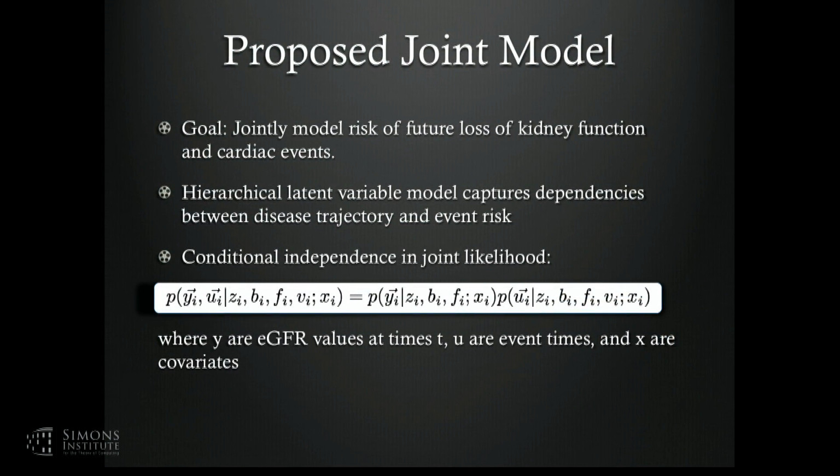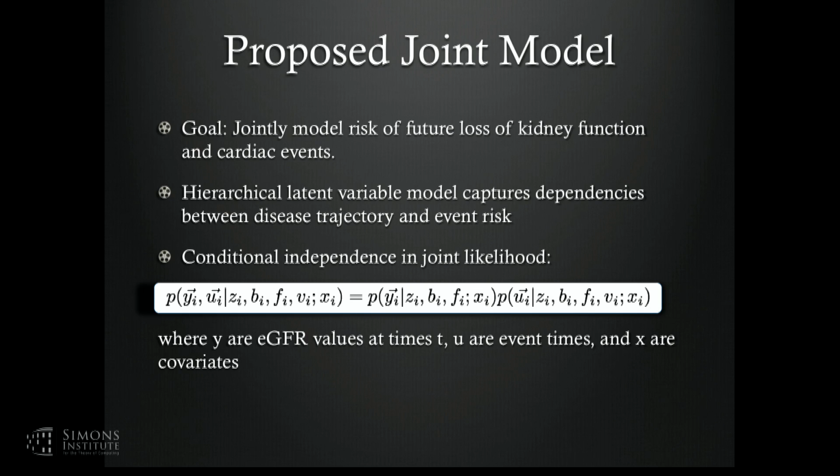So our goal here was to come up with a joint model of loss of kidney function and cardiac or stroke events. We did this through a hierarchical latent variable model that captured dependencies between the disease trajectory, as given by eGFR, and the point events, which we captured through some kind of event risk.